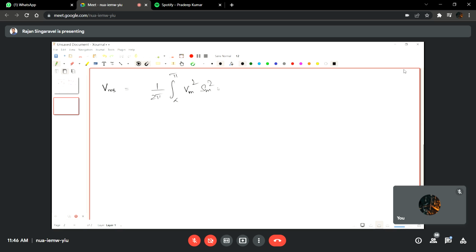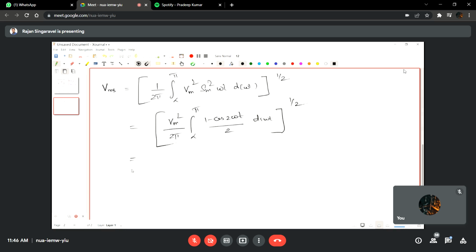Vm square sine square omega t d of omega t, and it should be taken square root 1 by 2. So this becomes Vm square by 2 pi, then this becomes alpha to 2 pi. The sine square omega t, we can write it as (1 minus cos 2 omega t) divided by 2. Then d of omega t. Right. So this is the equation.